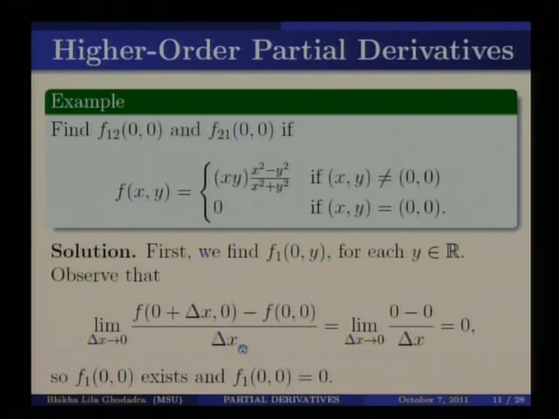By the definition of this function, because the second coordinate y is 0, its value is 0. Similarly, f at (0, 0) is also 0. So it is 0 minus 0 upon delta x, which is 0, and the limit should be 0. That means this limit exists.